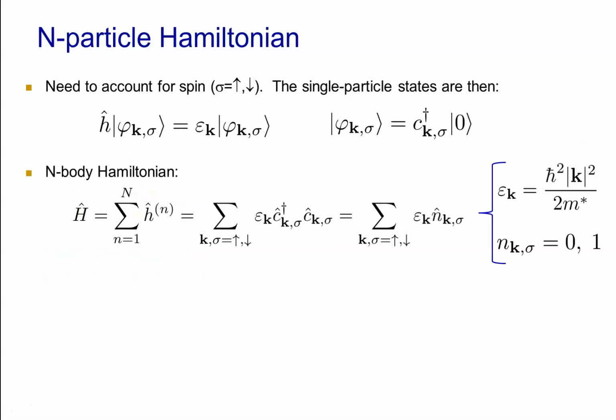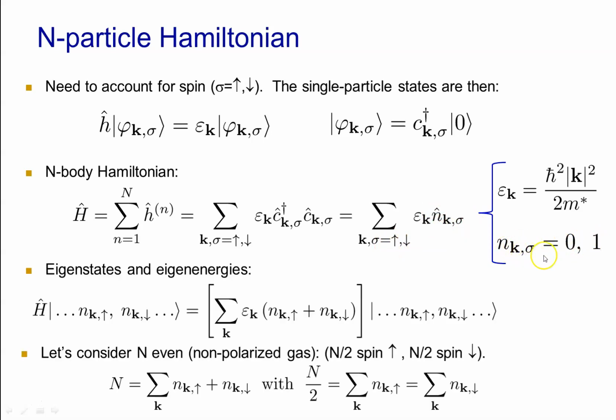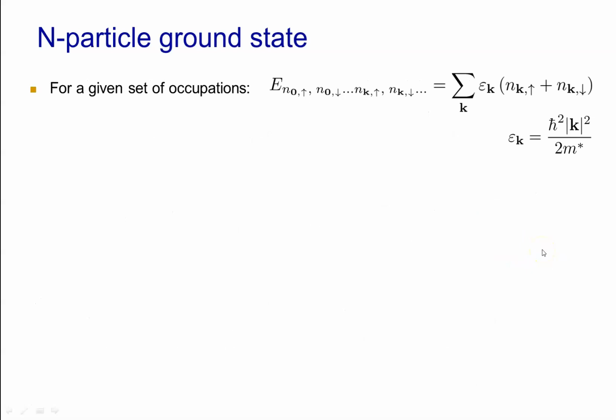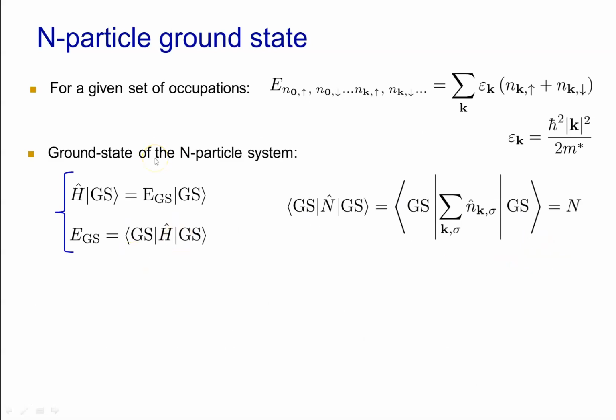And I can keep doing that. If I increase the number of particles, I keep just filling up these states. And in each state for a given spin, again, the occupation is going to be only 0 or 1. But I stop filling, for a given N, I stop at a given total energy for occupations given by the sum of the occupations of these states.